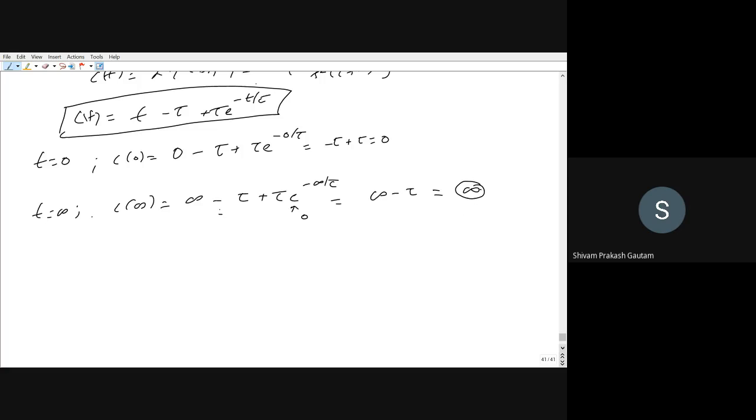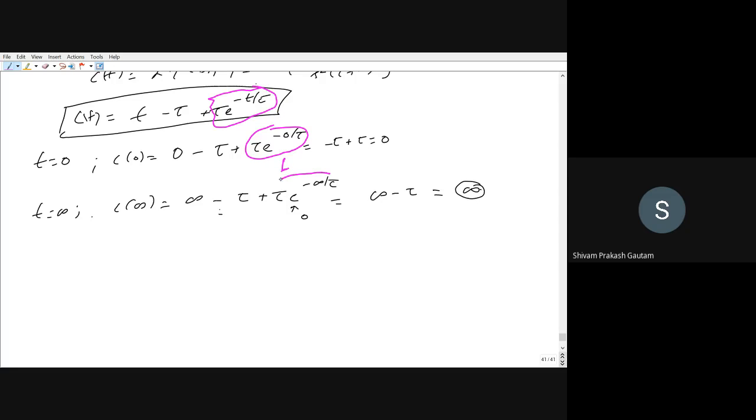So now we will see what is the transient part here. Can you tell me? This is our transient part. What is the transient part? That vanishes. At t is equal to 0, you can see this value is equal to 1.